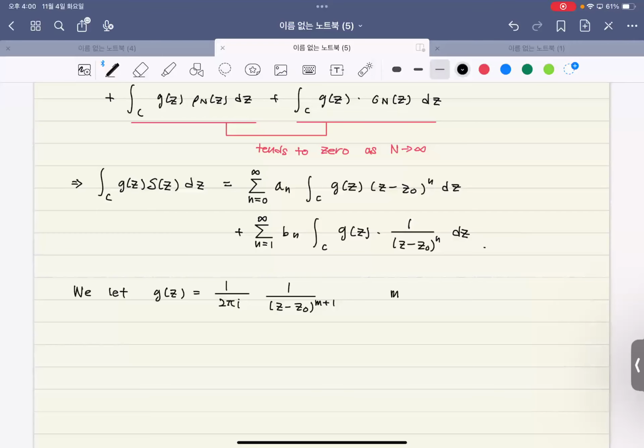But this time around, m doesn't have to be a positive integer. m can be any integer. So m can be some negative numbers too.